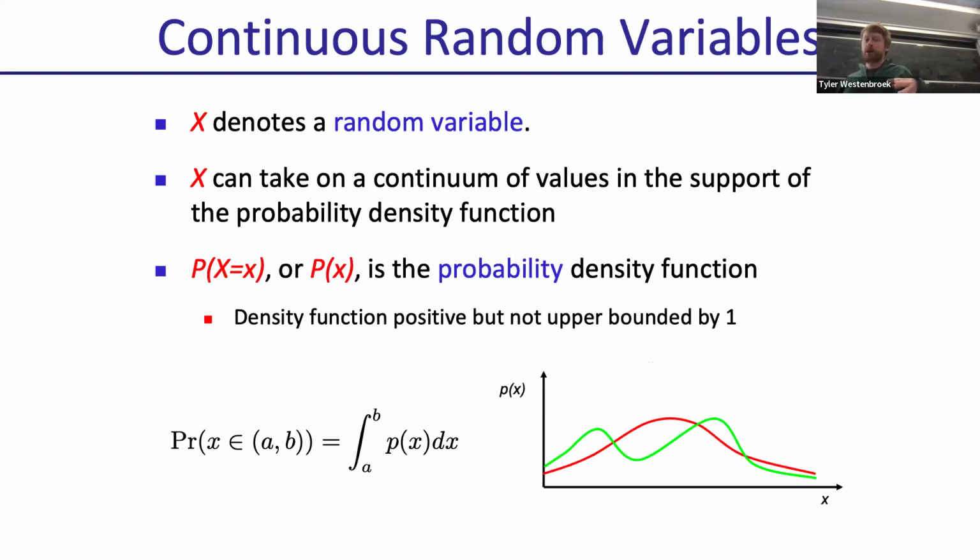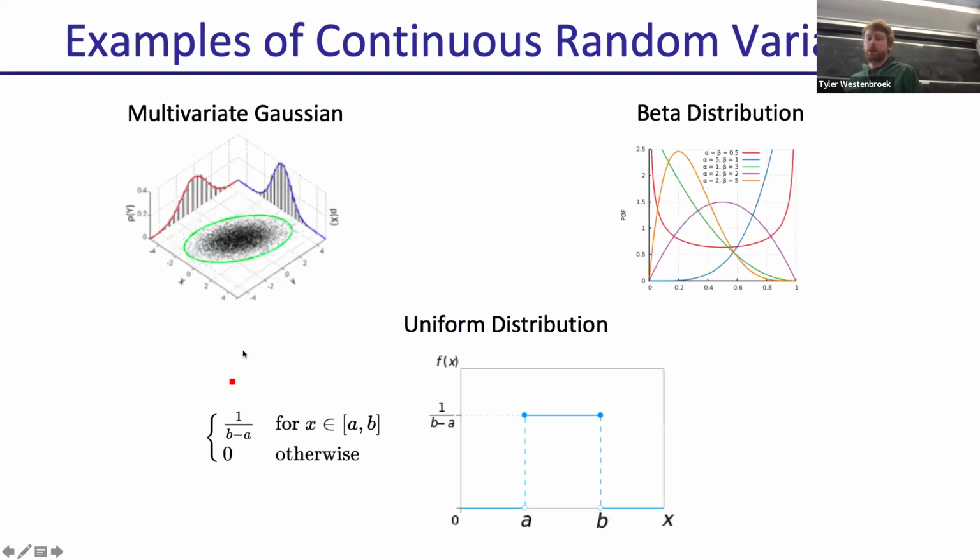Just remember the difference: for continuous random variables, we integrate everything instead of having discrete buckets that everything is lumped into. There are many types of continuous random variables, many of which you'll run into throughout this course. Multivariate Gaussians are going to be your best friend, and something you're going to deal with a lot later in this course.